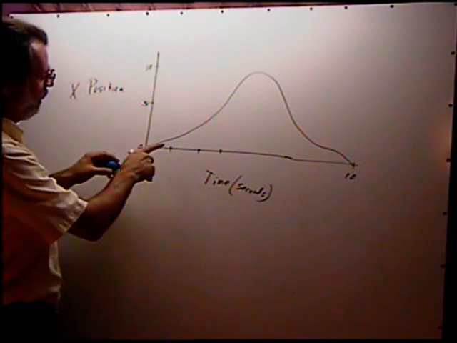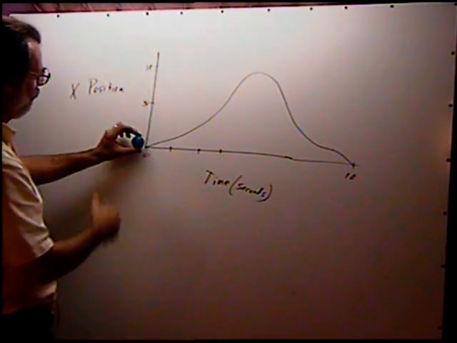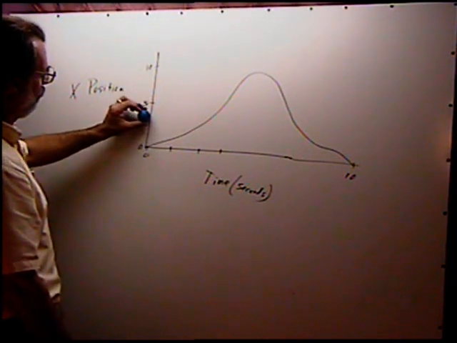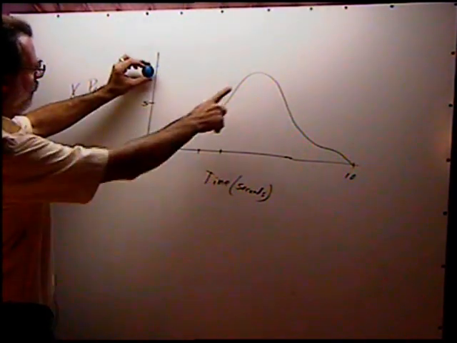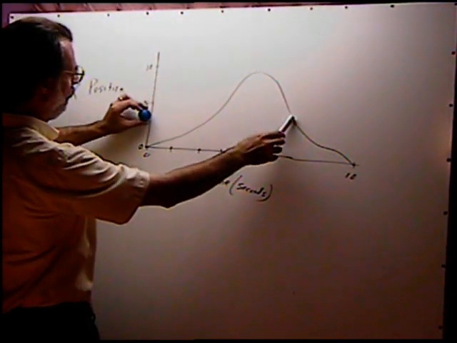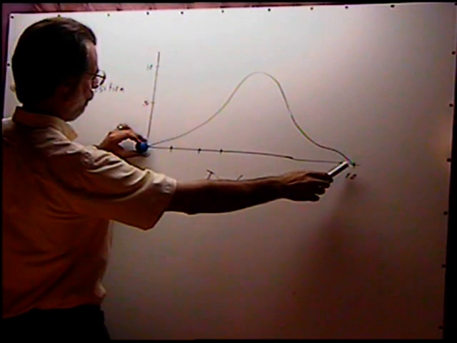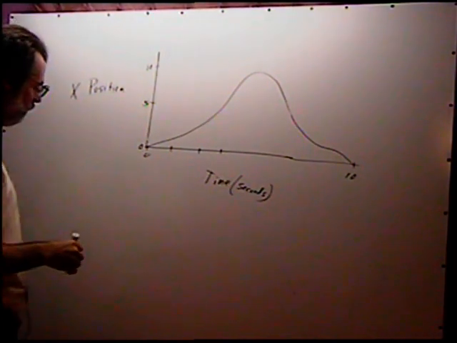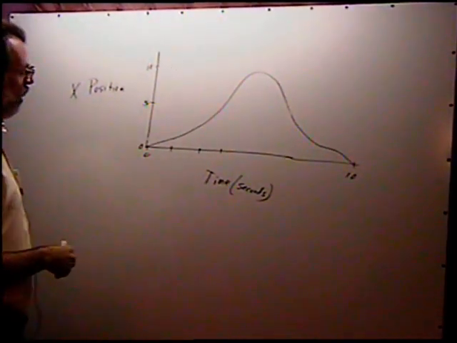So you see, if we start the clock here, say it travels up from 0 to 5 to 10, and then at this point it starts coming back down to here. Okay?